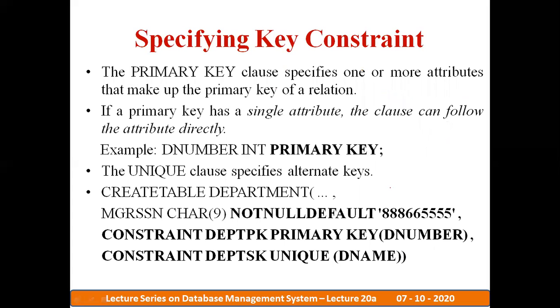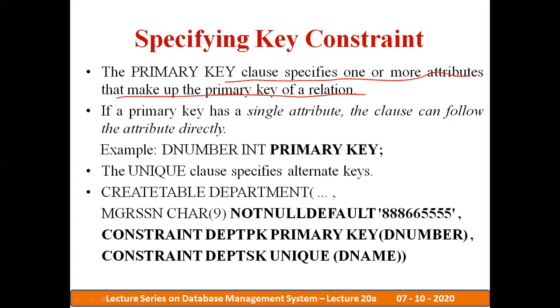Now, after checking the constraints on the attributes, let us see how we are going to specify the key constraint, that is the primary key. The PRIMARY KEY clause specifies one or more attributes that make up the primary key of a relation.